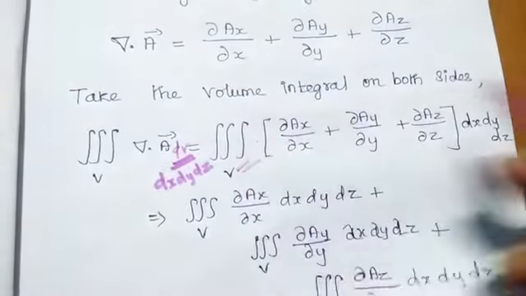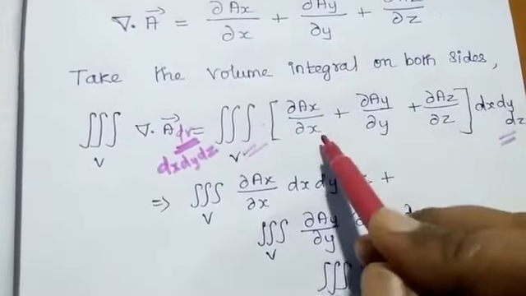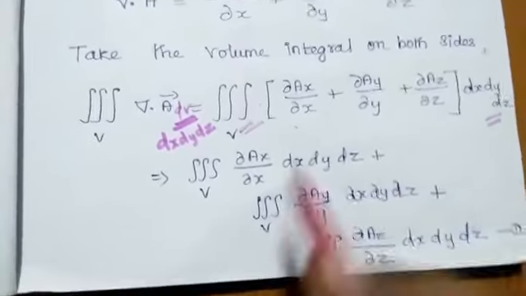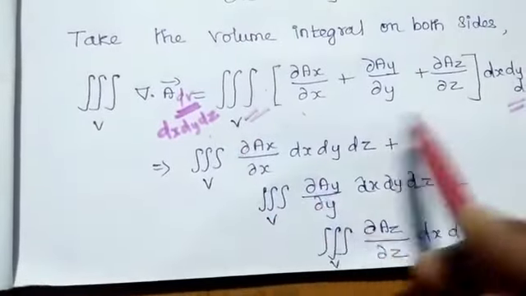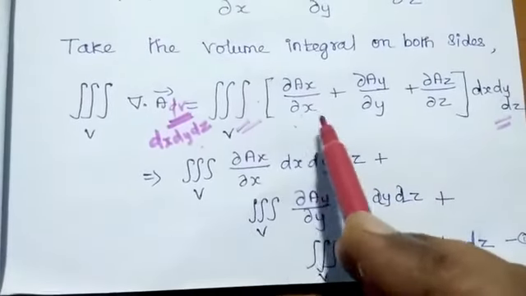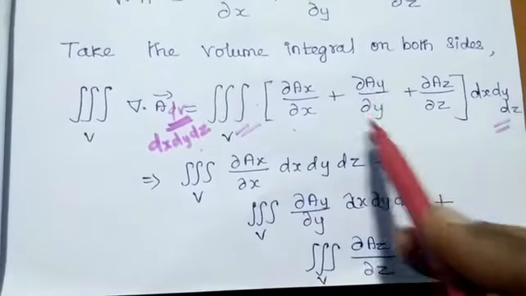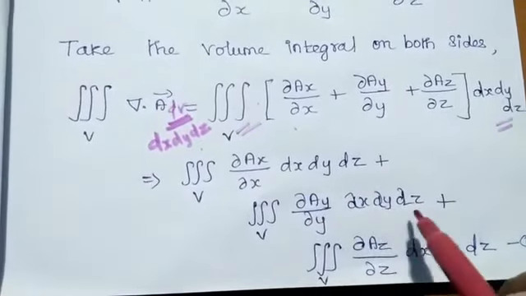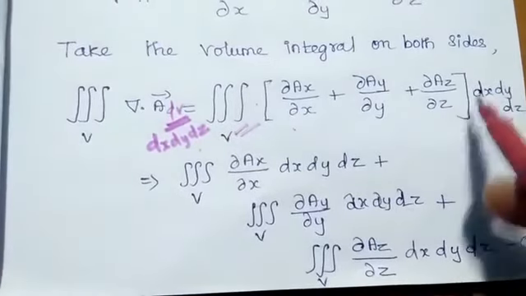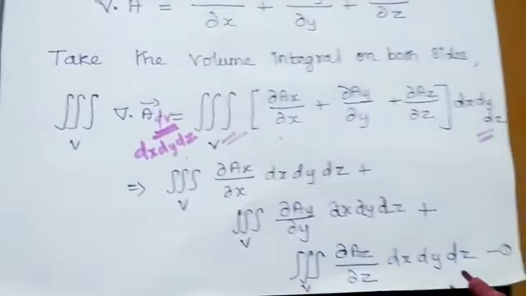The volume element is common for all three components: the x component, y component, and z component. So we can write this expression like this: the volume integral of dou Ax by dou x dx, dy, dz plus the volume integral of dou Ay by dou y dx, dy, dz plus the volume integral of dou Az by dou z dx, dy, dz.